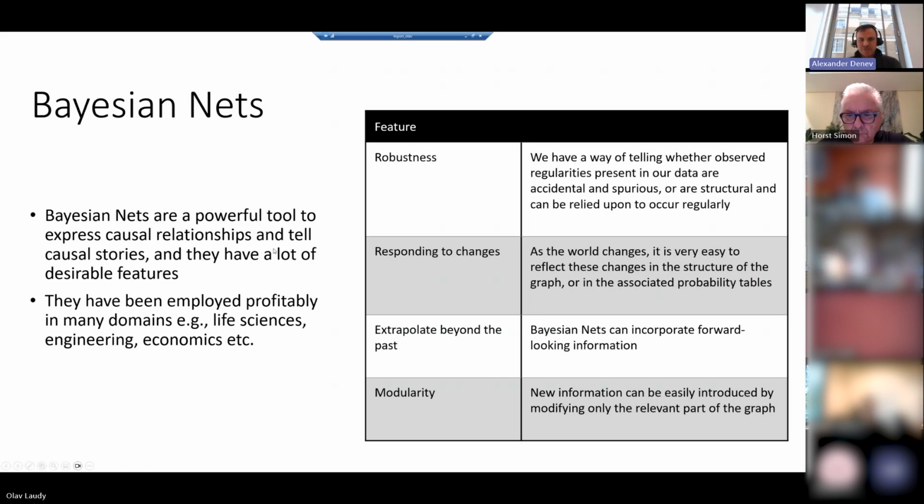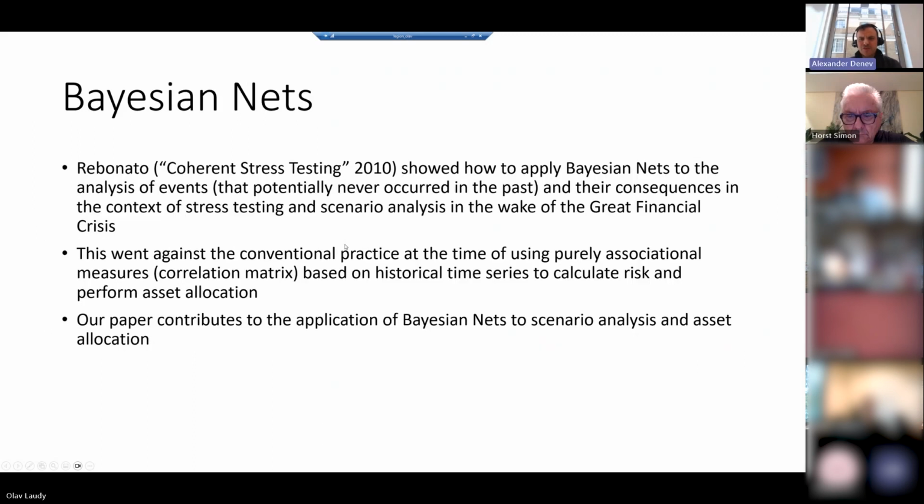I'll give an example: what it means to apply Bayesian nets to scenario analysis. Again, this started off from Riccardo Rebonato's book, Coherent Stress Testing, back in 2010. At the time, we were during the great financial crisis, and previous modeling in finance had been done based on correlation measures like the correlation matrix. And it's a classical approach.